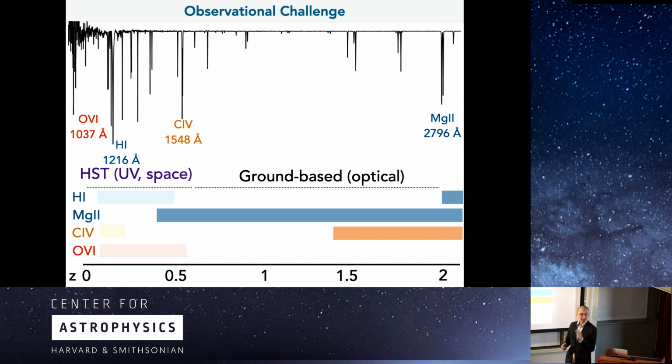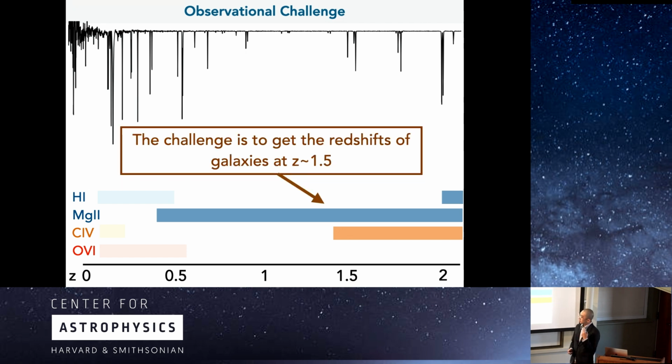The challenge is not detecting the absorption lines. The challenge is actually getting the redshifts of galaxies. This basically limited previous studies of the galaxy and CGM connection at redshift 1.5. But now the situation has changed.